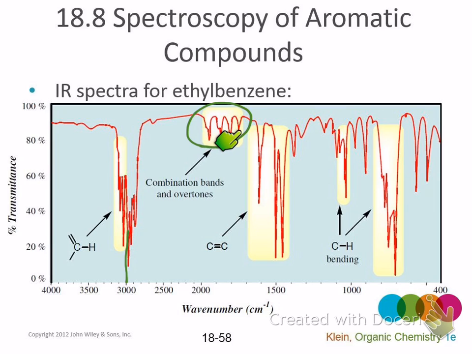I'm not going to make you memorize that, but you should know how to use it. If you need it for an exam, I'll give you the chart, so you can say, it's got a peak here and here, so it's a 1,3 substitution. You don't know what's on what position, but you can tell where the substituents are on the ring relative to each other.